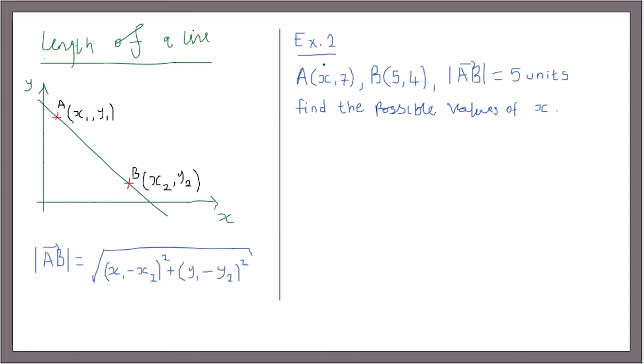So I'll let this be my x1. This is my x1, this is my y1, 7. This will be my x2, the 5, and the 4 will be my y2. Right, so after that we just need to substitute in this formula.